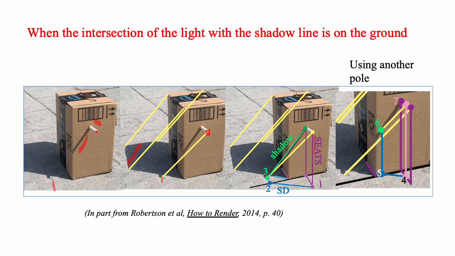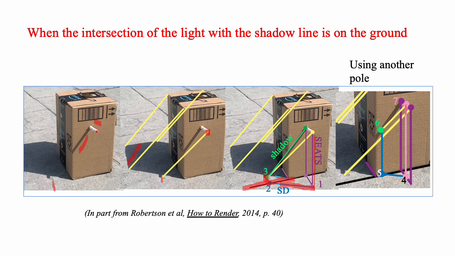Then establish a seat from the tip of the pole and draw the shadow direction until it intersects an extension of the box, as if the box had been longer. Even though it hasn't yet intersected the light, it now converges with the box until it does intersect the light at number 3, and that's a point on the shadow.